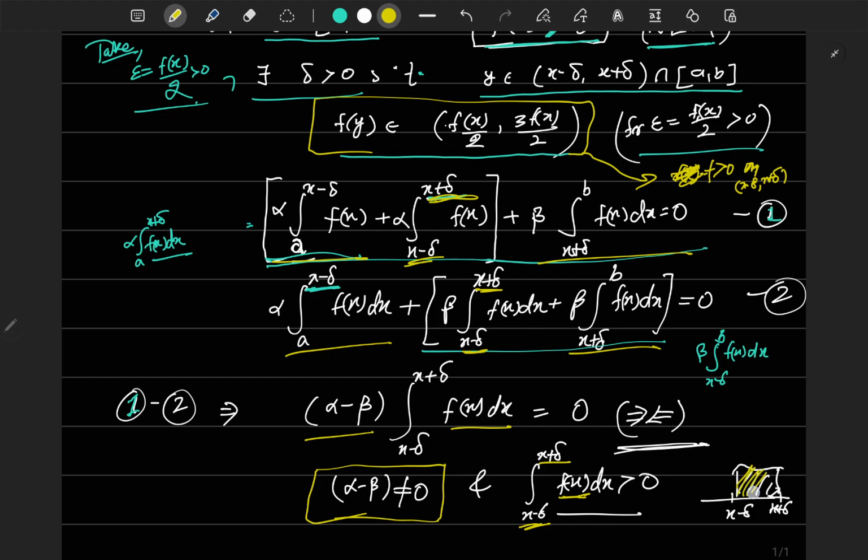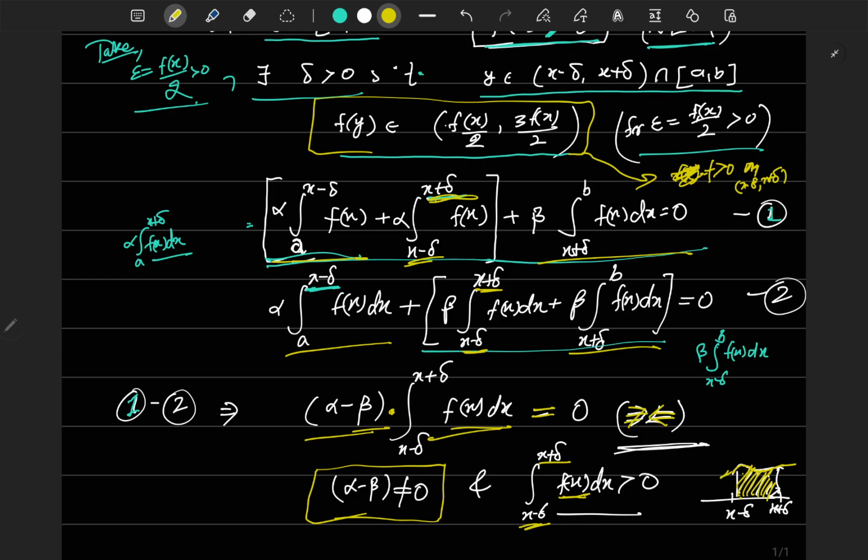The integral of a strictly positive function is positive. So this product, alpha minus beta times the integral from x minus delta to x plus delta, would be either positive or negative, at least non-zero, but we are getting 0 here, so it is a contradiction.